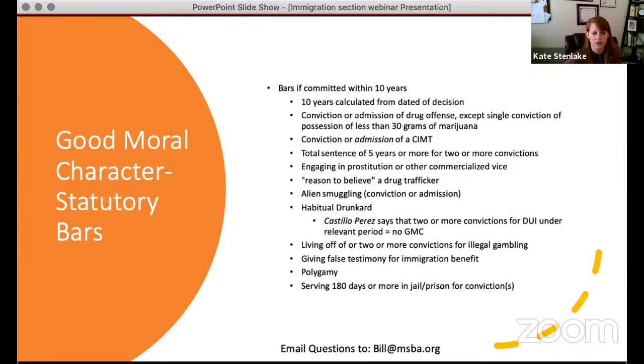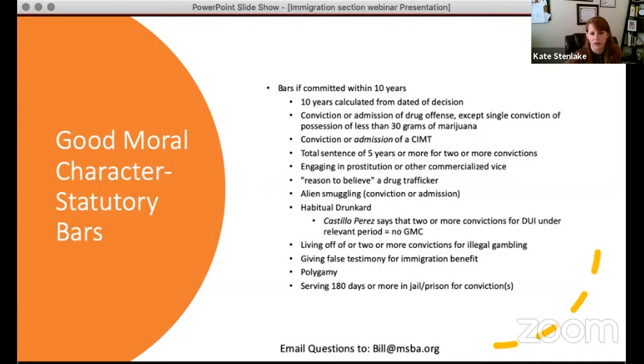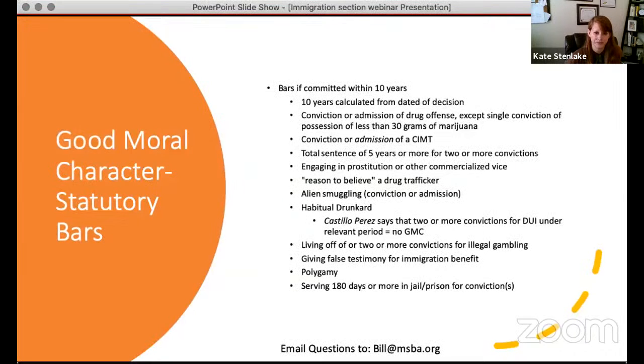If there's reason to believe the client is a drug trafficker, so if the client has multiple convictions for drug offenses, that sort of thing, you have to look to see if there's reason to believe they are a drug trafficker. Alien smuggling, which is also a conviction or an admission. For that one, you have to look at whether there were any interviews done at the border, and whether they admitted to smuggling anybody in with them. A habitual drunkard.